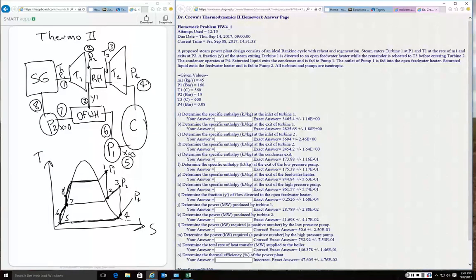And in the feed water heater, we also have some process here where we're mixing state 2 and state 6 to produce state 7. So there's my TS diagram.